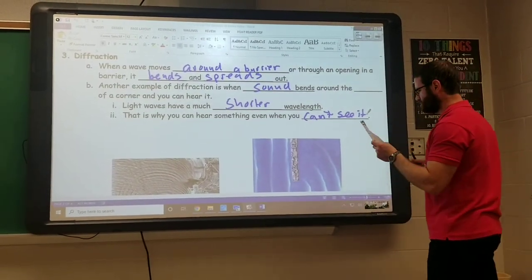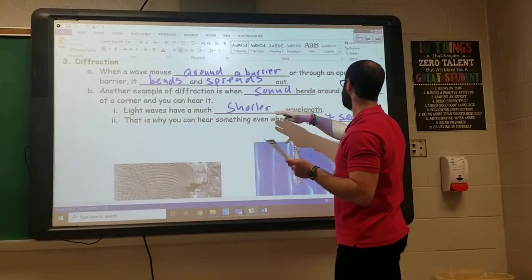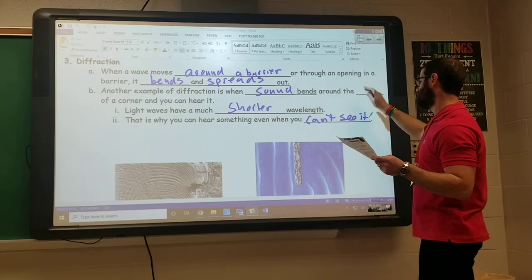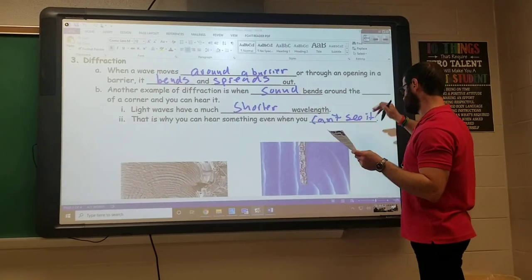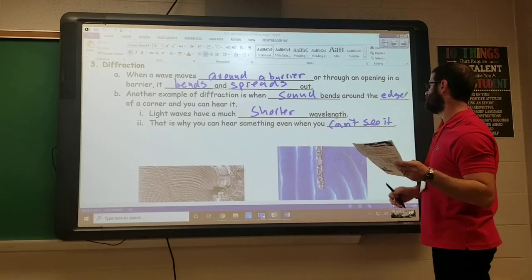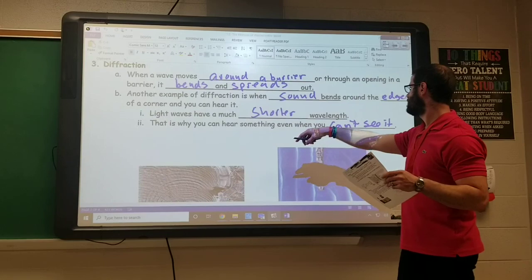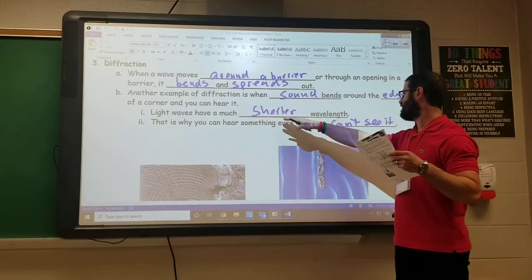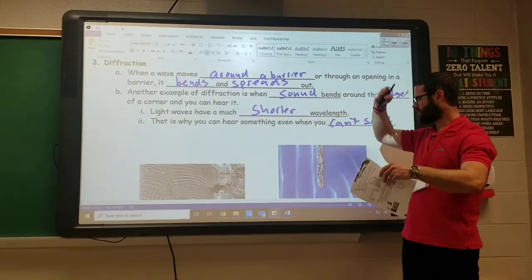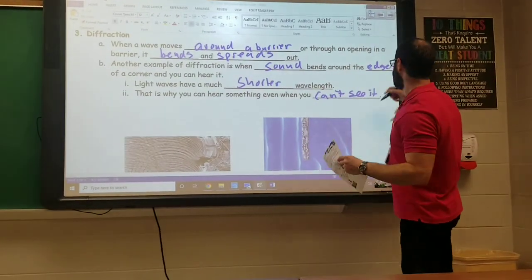Okay? So again, sound bends around the edge of a corner, and we're able to hear it. Light waves have a much shorter wavelength, so we're not able to see what's around the corner, but we can hear what's around the corner.